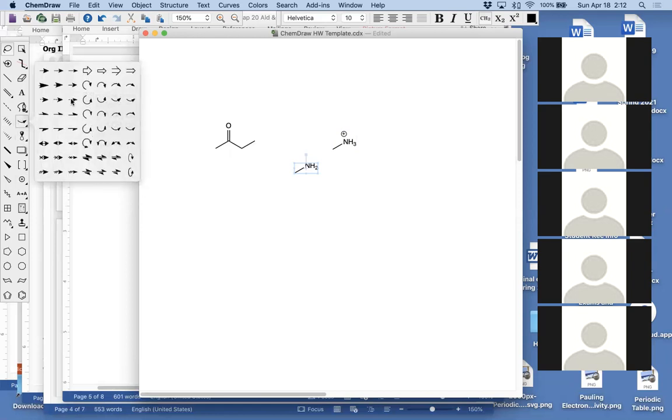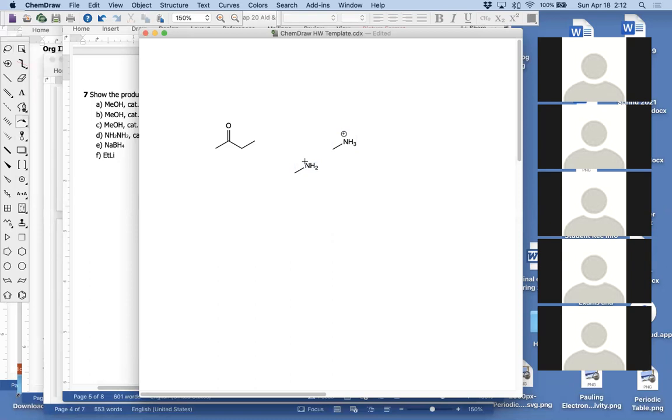The simplest way to do it is to let the lone pair on the free amine attack. It does have a little tiny lone pair. I don't know why they make that so small, but that lone pair can attack. You get a species that has charge separation, so that's a strike against it. Knowing where the borderline is is important, and that's probably the amine.